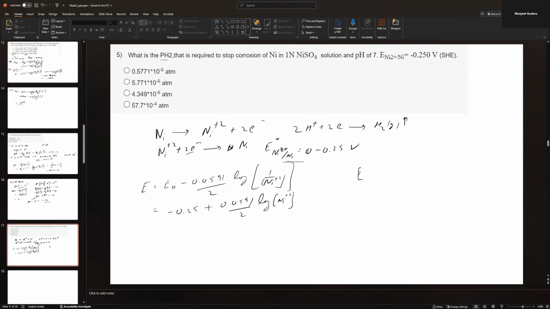Since it's one normal, the nickel ion concentration is half. So we get minus 0.25 plus 0.05 log of 0.5. This will get minus 0.358.